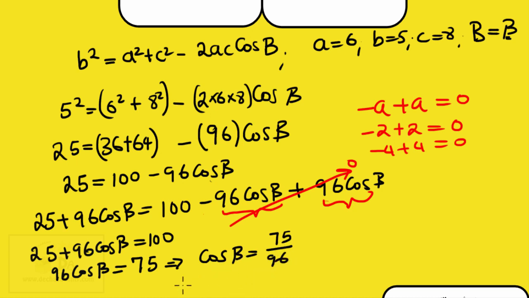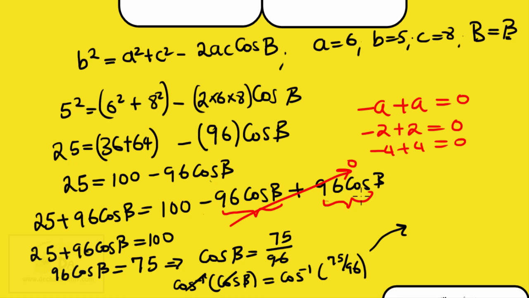To determine beta, all we have to do is take the inverse cosine of both sides. So inverse cosine of the left hand side is this, which is equal to inverse cosine of the right hand side term. Now you can think of this as cancelling this, which is actually not what happens, but that's just a good way to think about it.